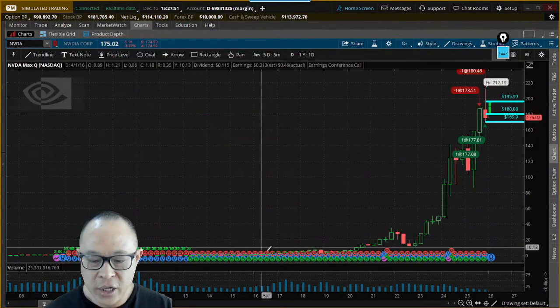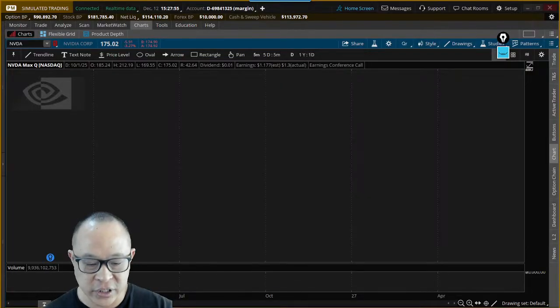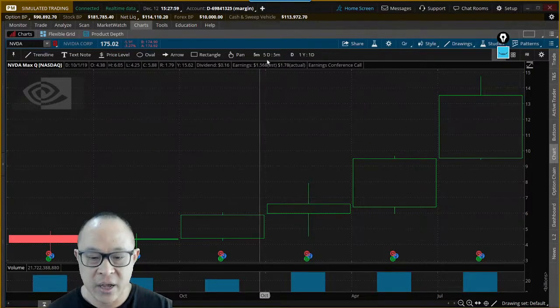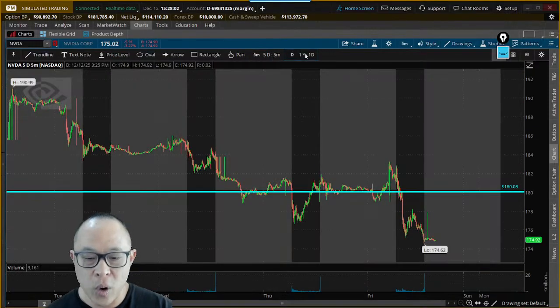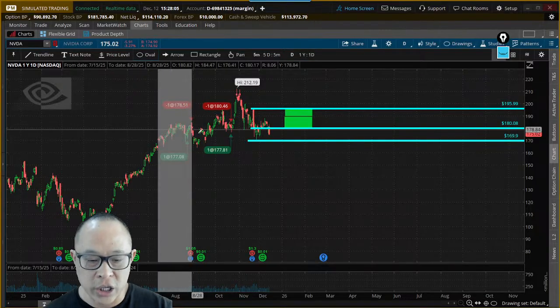Do you have your chart set up so that you can easily look at different time frames, and make sure you're looking at candlesticks, whether it's a 5-minute chart, a 1-year chart, or a daily chart? How to draw on your chart, right?